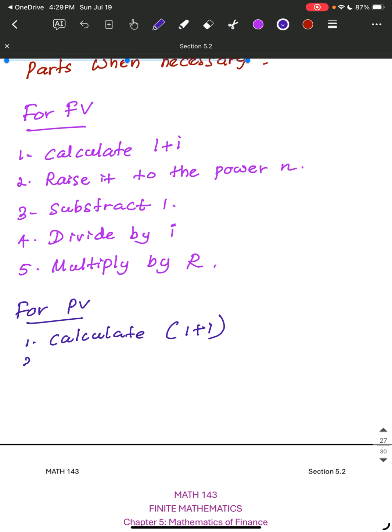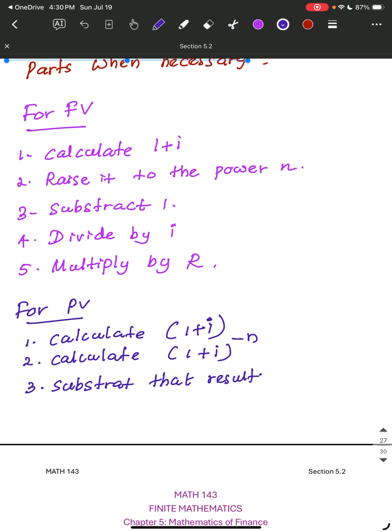Third, subtract that result from 1. Fourth, divide by I. Fifth, multiply by R. Okay, those are the steps.